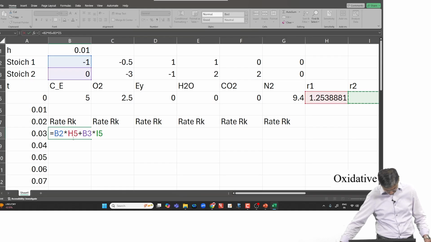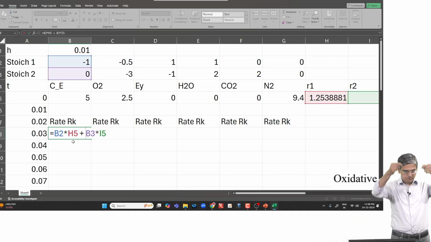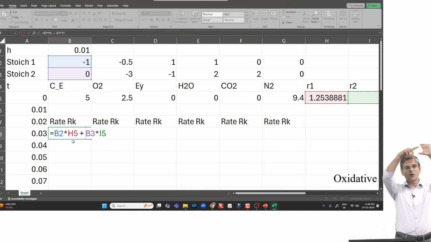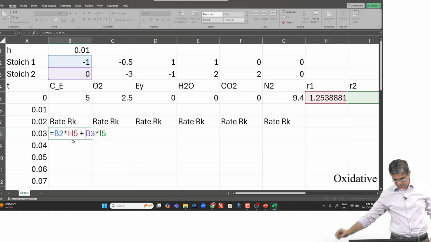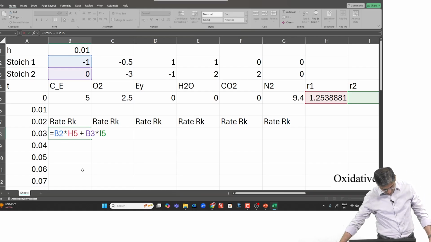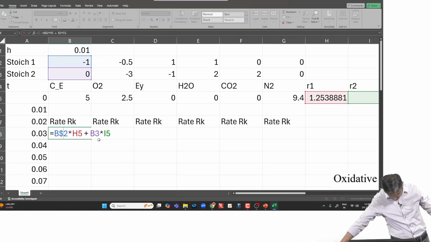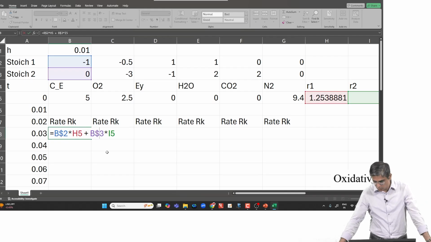Thank you. Very nice. Okay. Now, we are going to drag them down. When you drag them down, your 2 and 3 should not change, right? So, when you are dragging them down, your 2 and 3 should not change. We will put dollars over here.